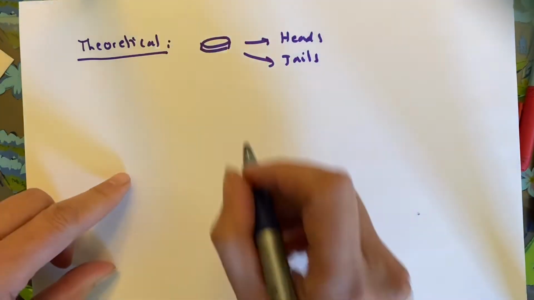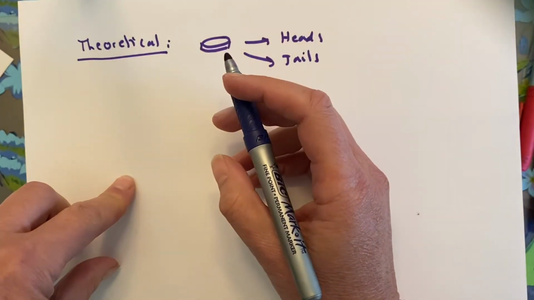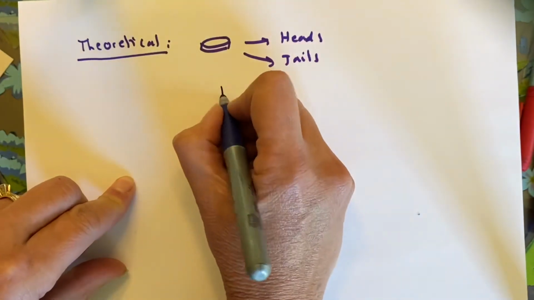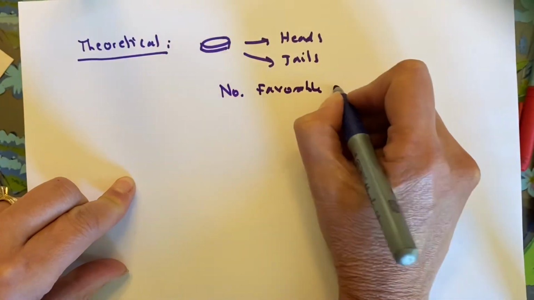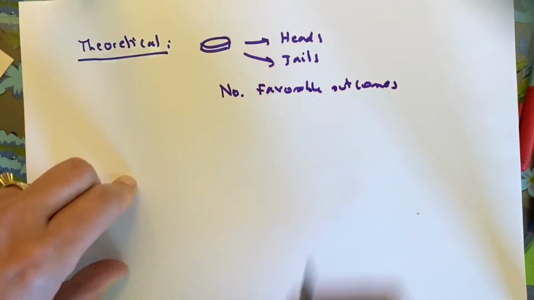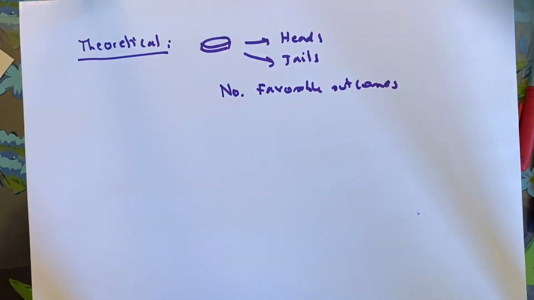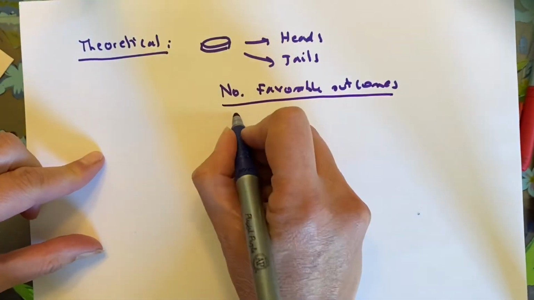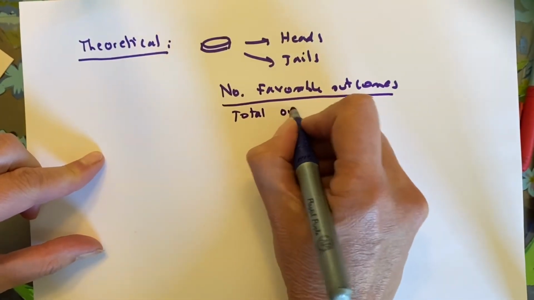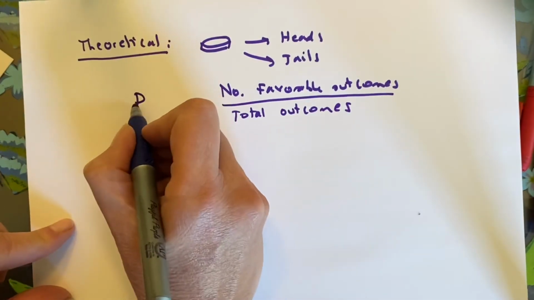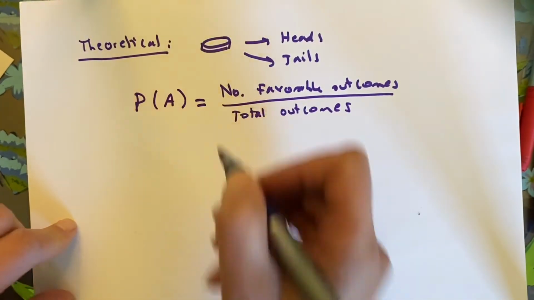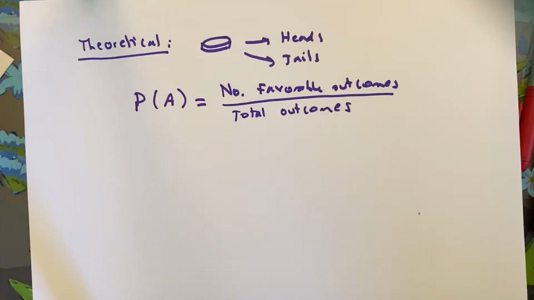So theoretical probability is the number of favorable outcomes over the total number of outcomes. And this is in theory, not in practice, okay? The probability of an event is written as the probability of the event A: number of favorable outcomes over the total number of outcomes.